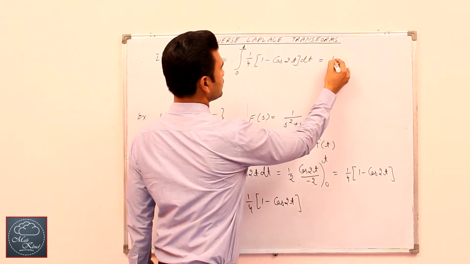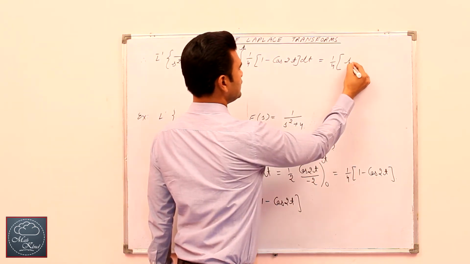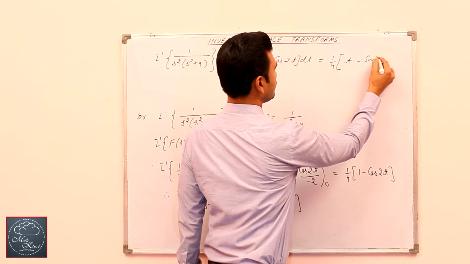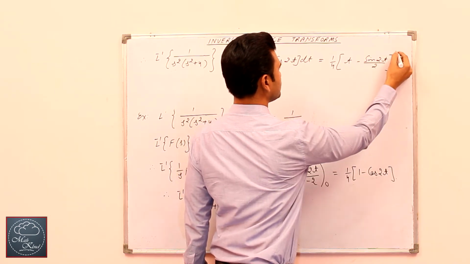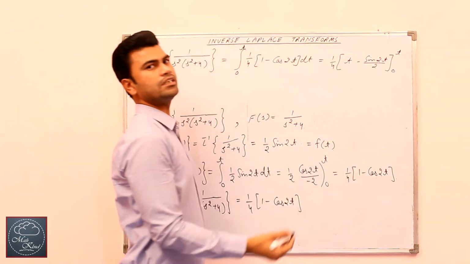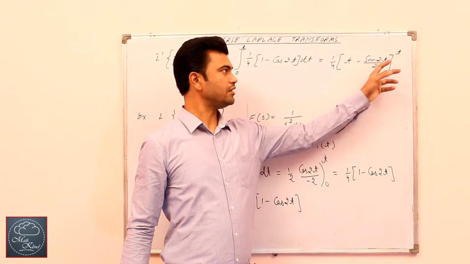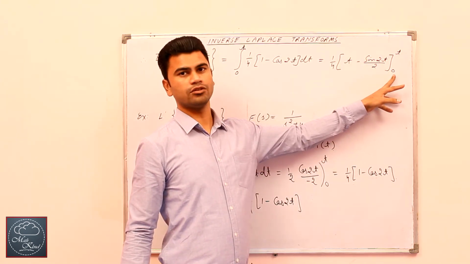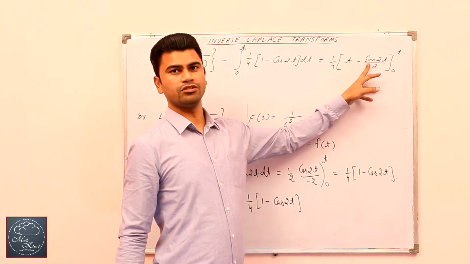So 1 by 4 is a fixed number, the integral of 1 is t, and the integral of cos 2t is sine of 2t over 2, with limits from 0 to t. When you put the upper limit t, the expression stays as it is, and when you take the lower limit 0, the terms vanish, since sine 0 is 0.